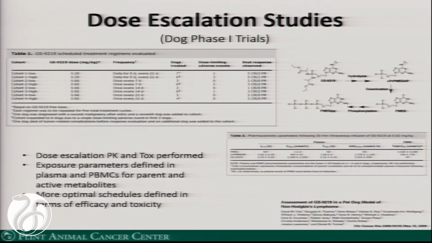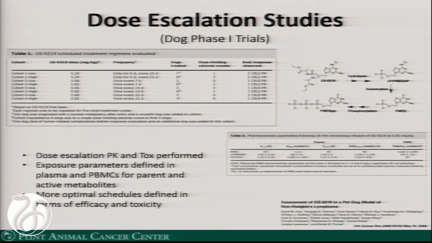So in this case, they did dose escalation, PK, and tox. They looked at exposure parameters shown here, measured both in the plasma and the PBMCs for this relatively complicated prodrug. So you have buildup of the toxic intermediate in the PBMCs that you didn't see in the plasma. So you need these larger samples and multiple sampling to get at the markers, the PK markers of response.